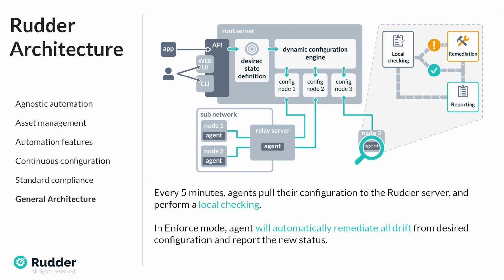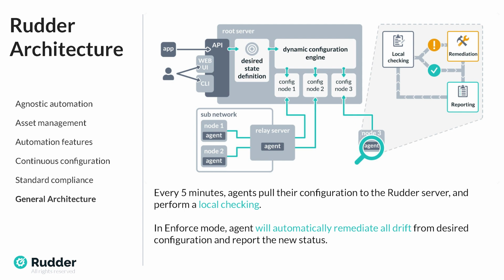The Rudder server will compare the report it received with the desired state and compute the compliance of the system. This compliance is what we use to measure how correctly configured your systems are. I will go into more detail about the compliance later because it means several things.